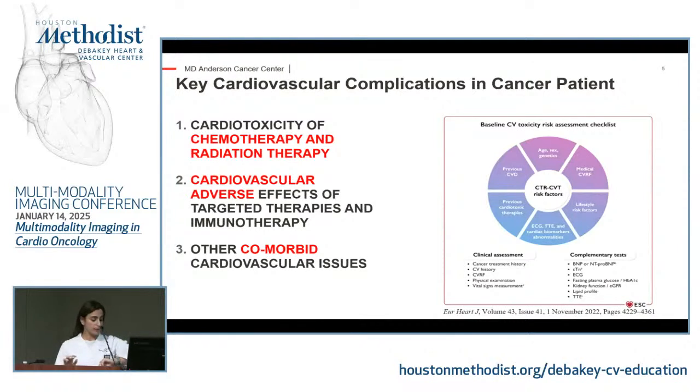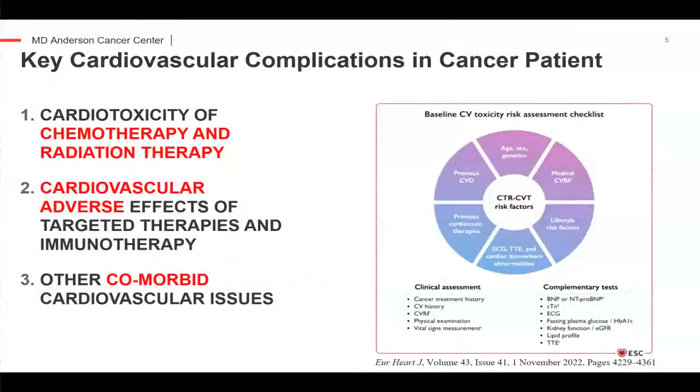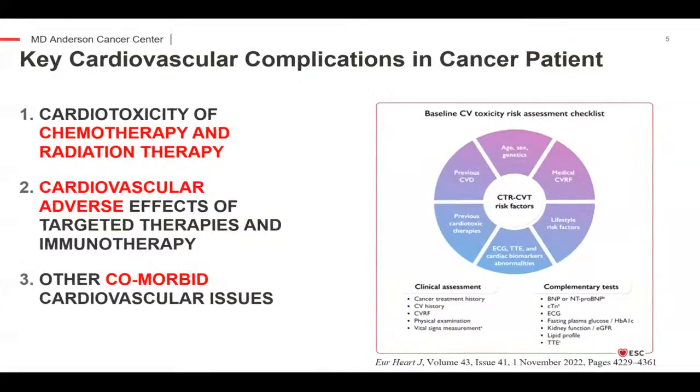So when we talk about the baseline assessment for these patients, it's directed at taking a very thorough cardiovascular history at the onset, looking at, in collaboration with the oncologist, what type of cancer therapies they're going to be on, and very importantly, recognizing if they've been previously treated for cancers, because it really has tremendous roles in how you manage them moving forward.